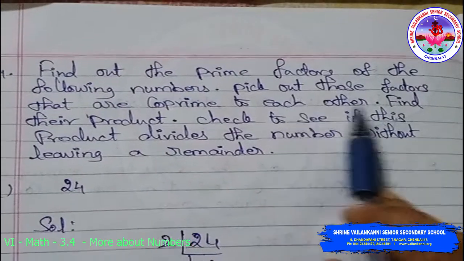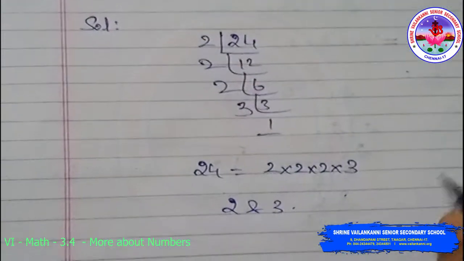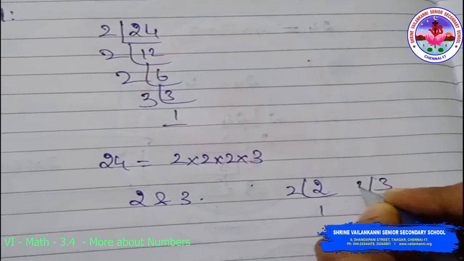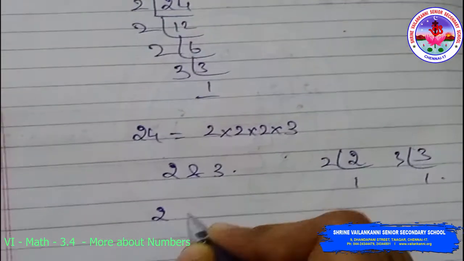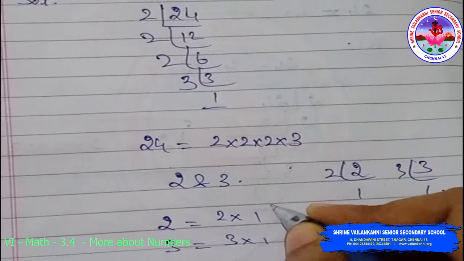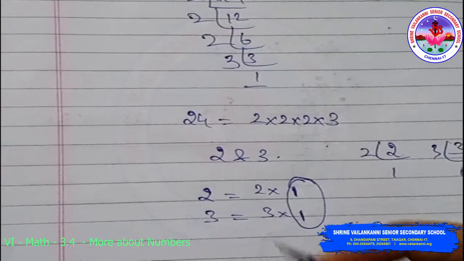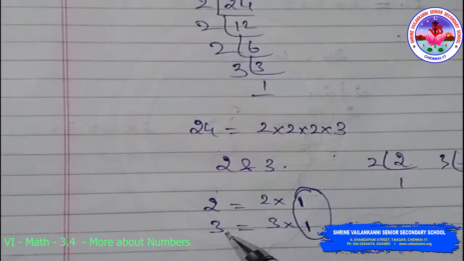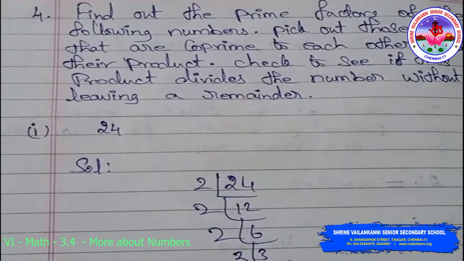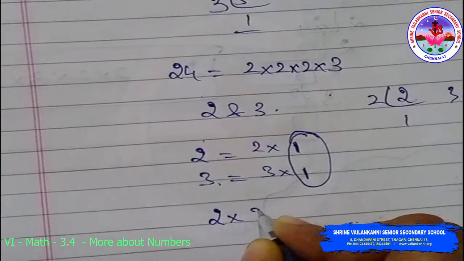Pick out those factors that are co-prime to each other. 2 is equal to 2 into 1, 3 is equal to 3 into 1. Here 1 is the only common factor, so these two numbers are co-prime. The next step is to find the product. The factors are 2 and 3, and 2 into 3 is equal to 6.